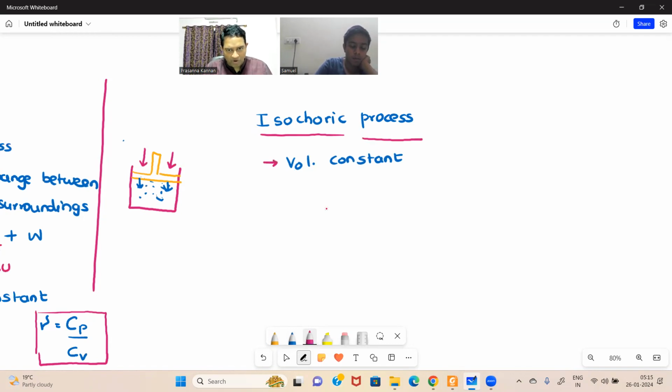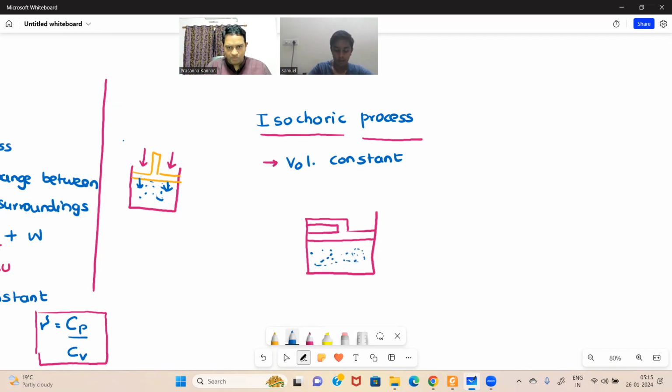So how do I keep my volume constant? I fix the piston here. Now what happens? There is no scope for the piston to move, correct? Yes, sir.